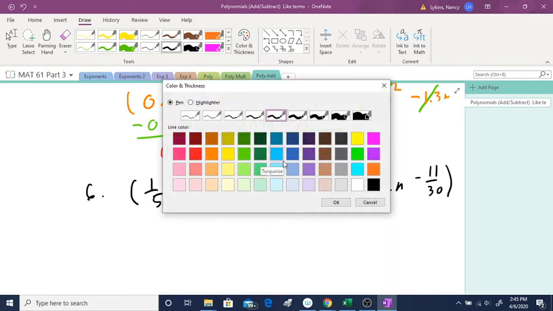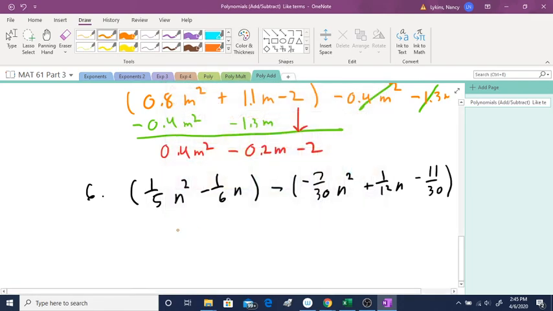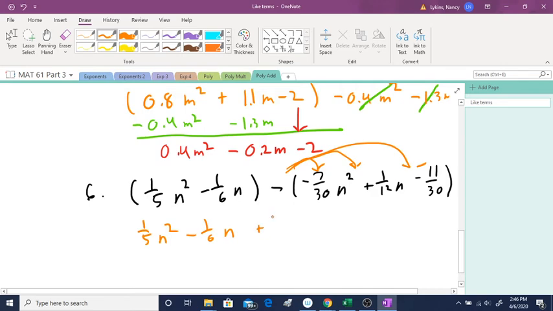Now I know this involves fractions, but what we want to do is go ahead and distribute that negative sign to everyone in the second set of parentheses. So that turns into a plus 7/30 n squared minus 1/12 n plus 11/30.